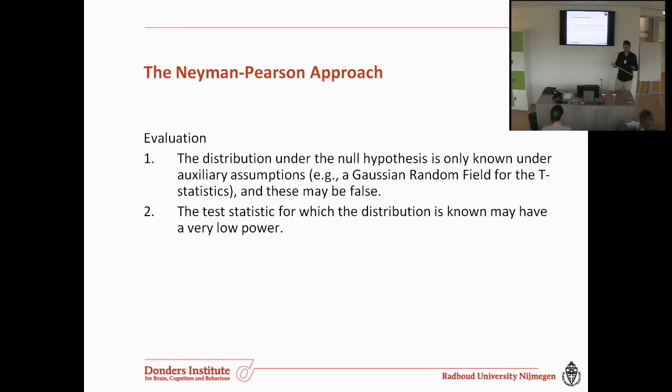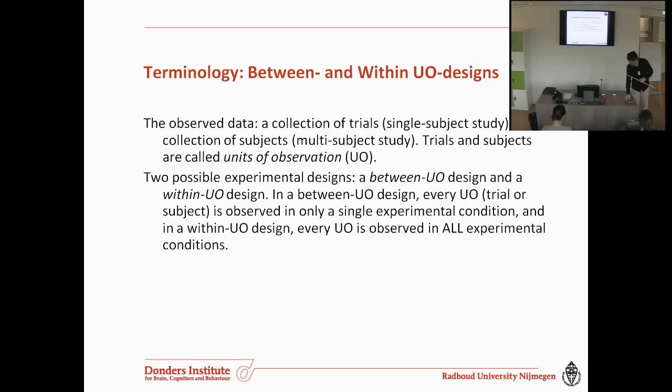This is a very difficult question, but for the rest of the talk, it's very important to keep in mind that it's not only important to have an aggregate statistic such that you know its reference distribution under the null hypothesis. You also want a test statistic that is sensitive to the type of pattern that you are likely to encounter in your data, or that you hope to encounter in your data.